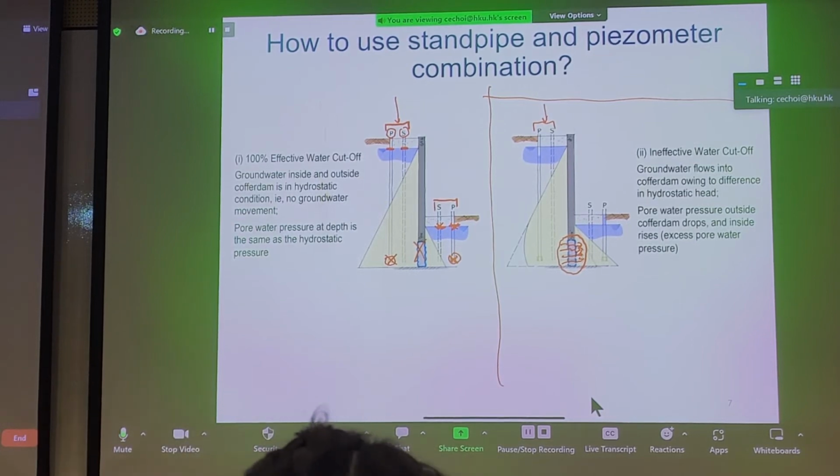Now, only in this case, we're not hydrostatic because evidently there's flow at this particular location, and we know that water moves from high total head to low total head, so the groundwater must be moving from outside to inside your excavation.